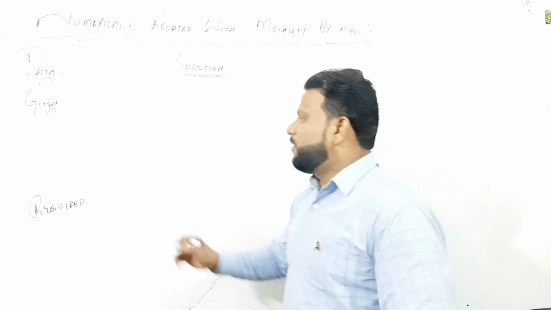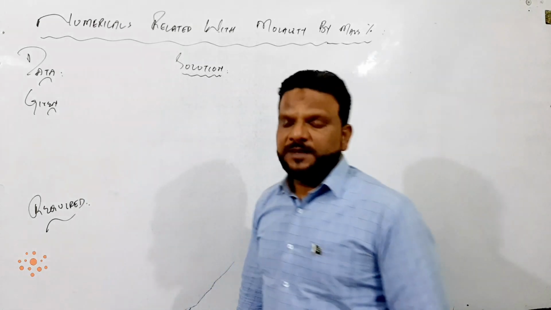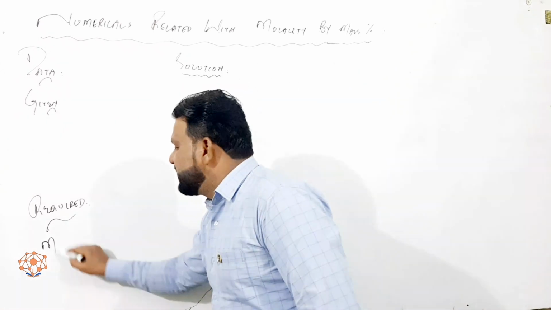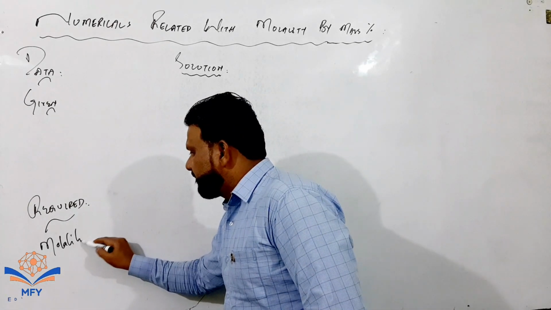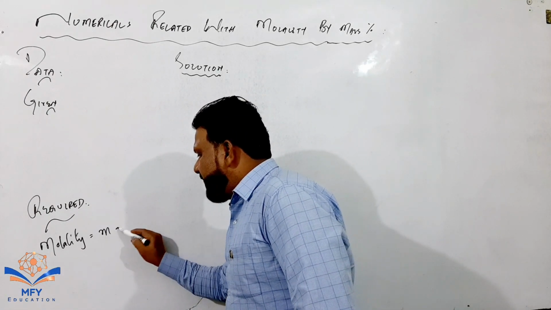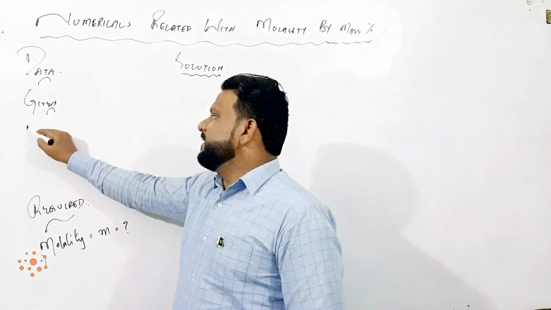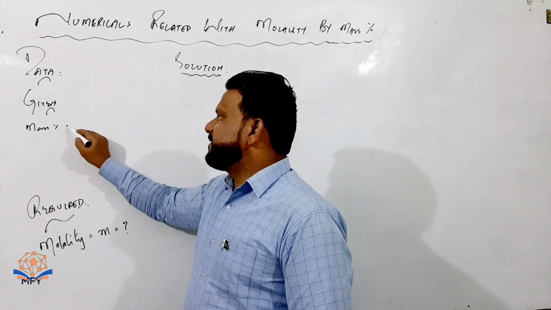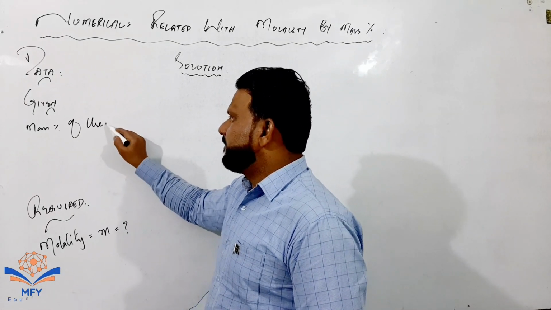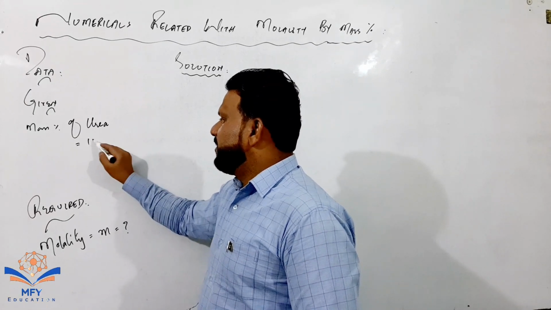First of all, on the basis of the given question, calculate molality, that is small m. The mass percent of urea is given: 12%.